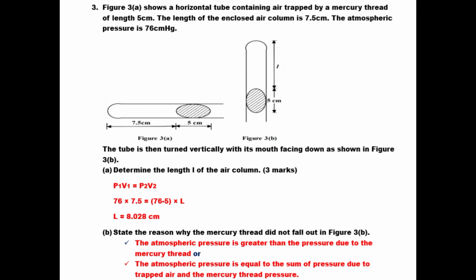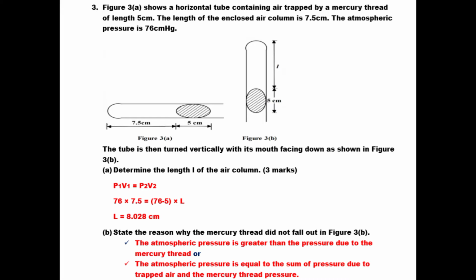Question 3. Figure 3A shows a horizontal tube containing air trapped by a mercury thread of length 5 centimeters. The length of the enclosed air column is 7.5 centimeters. The atmospheric pressure is 76 centimeters of mercury.